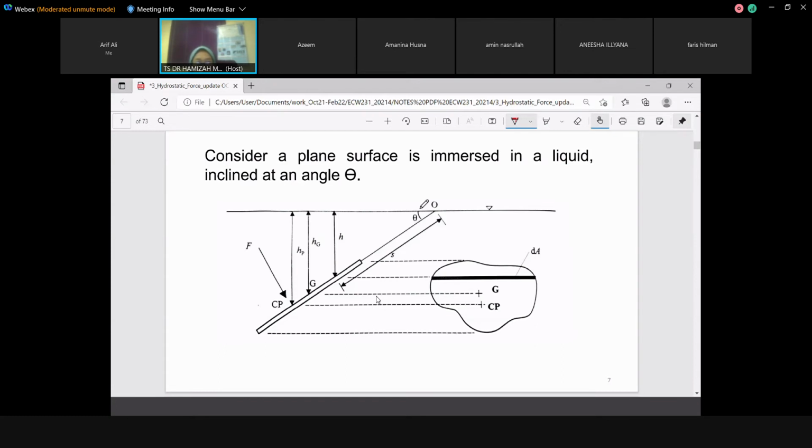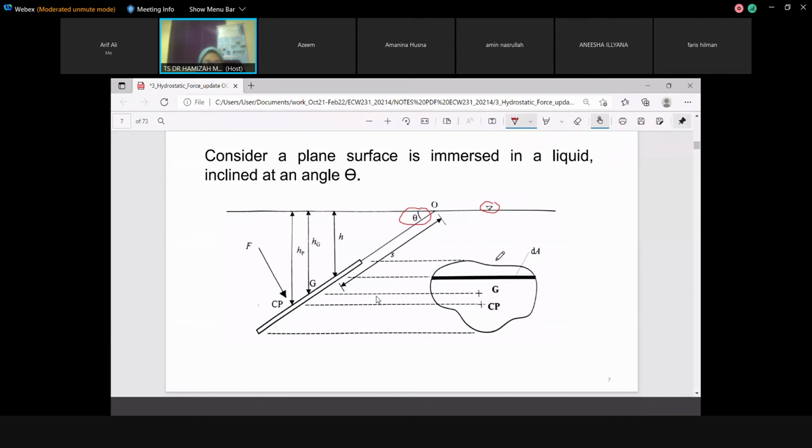For forces, it is important you know the free water surface sebab all the calculation must be calculated from above to below. Okay, dia berlainan dengan buoyancy. Buoyancy kita calculate daripada bottom to above. Untuk forces, we calculate from above to bottom. Okay, so this is the plane.